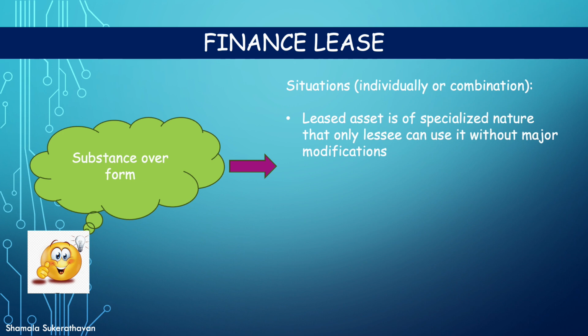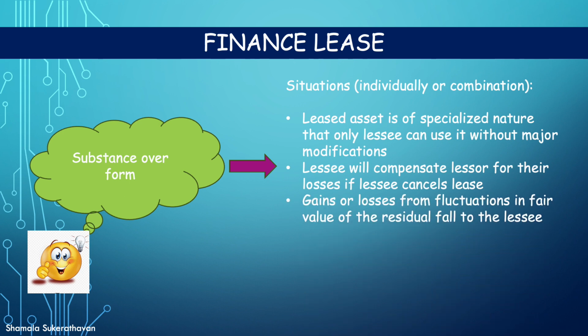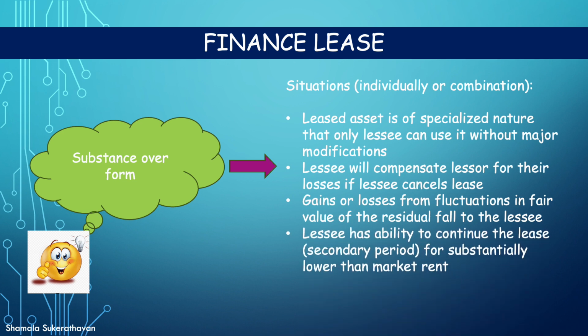The lessee will compensate the lessor for their losses if the lease is cancelled. 7. Gains or losses from fluctuation in the fair value of the residual fall with the lessee, for example, by way of a rebate of lease payments.